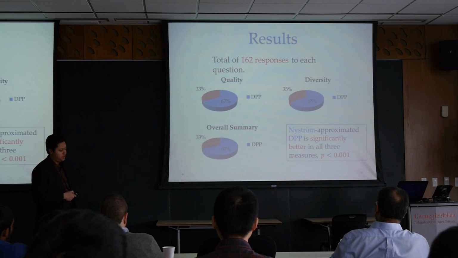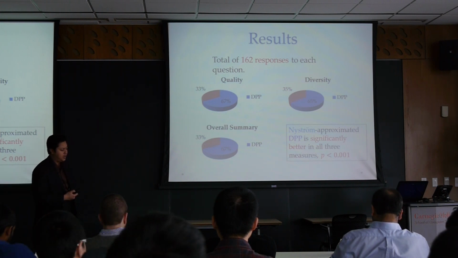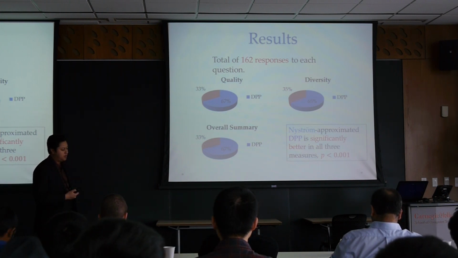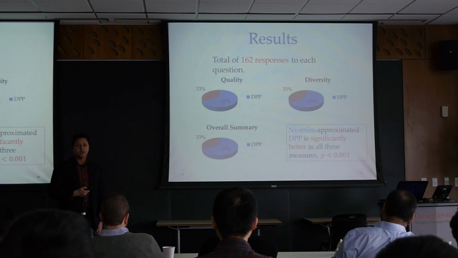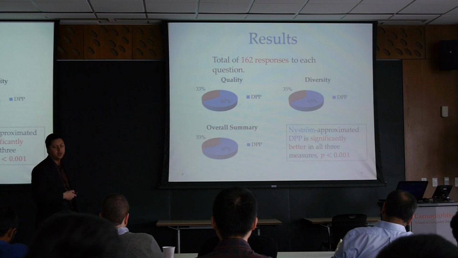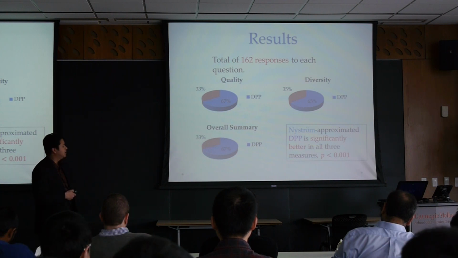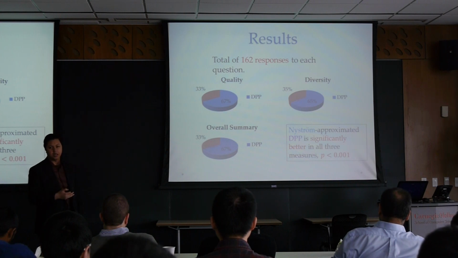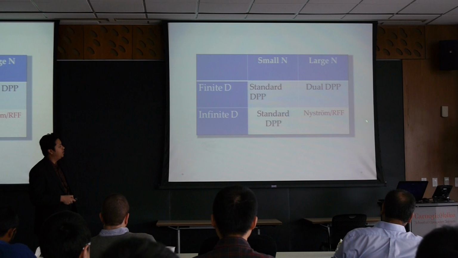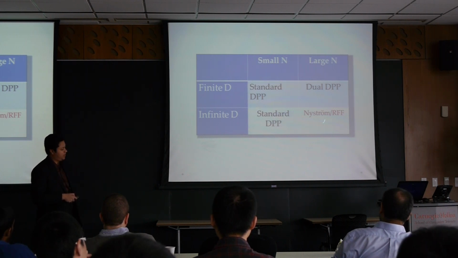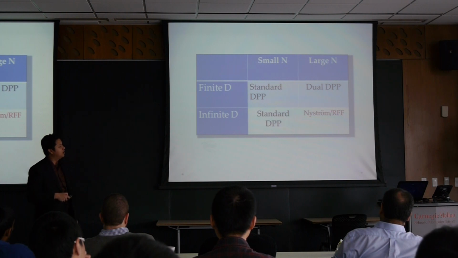So the takeaway message is that large-scale inference can be done on the DPP, and it works really well in practice. We pretty much fill in that question mark we had before by using the Nystrom.